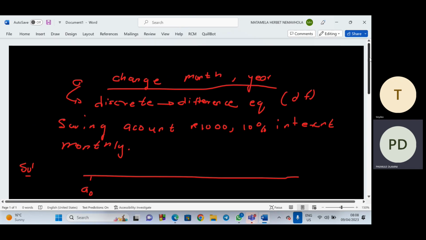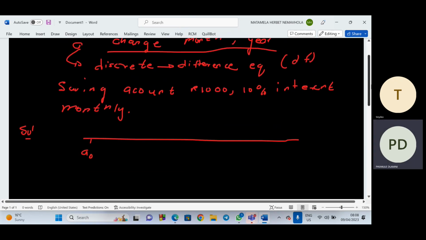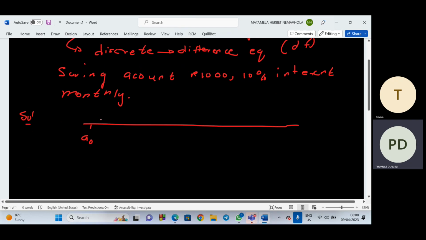We were told that you deposited 1,000 rand. Then in the sequence, because it's paying monthly, we're going to have A1, where we multiply by 10%.